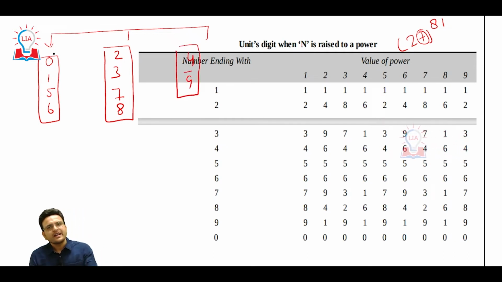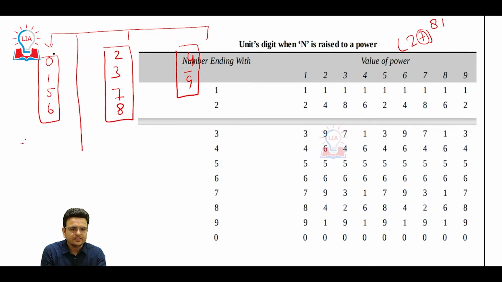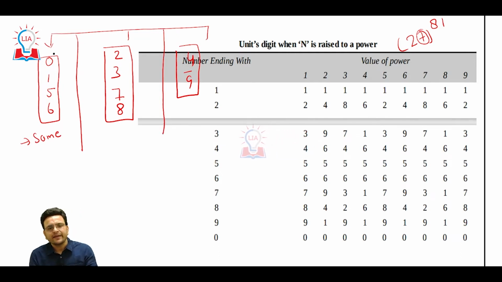Whenever the unit digit or last digit is 0 1 5 6, the unit digit stays the same. Very simple.